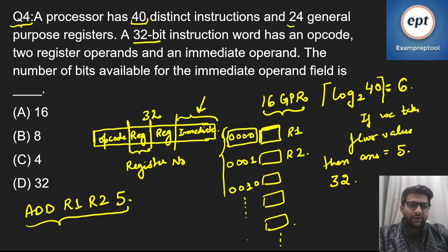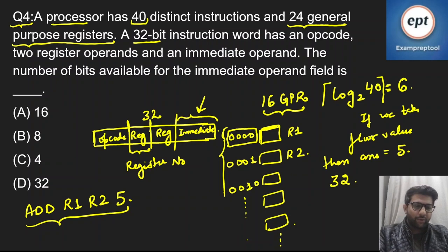So here in this question, there are 24 general purpose registers, right? So this particular processor has 24 GPRs. That means how many bits will be required? Ceil of log base 2 of 24, that is 5 bits will be required to number these different registers.